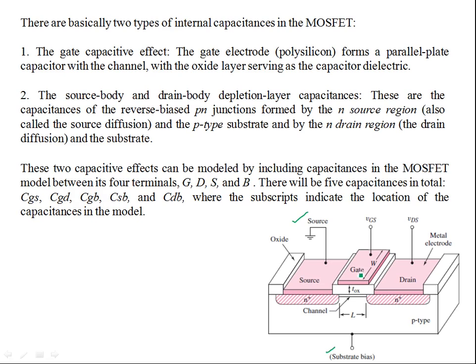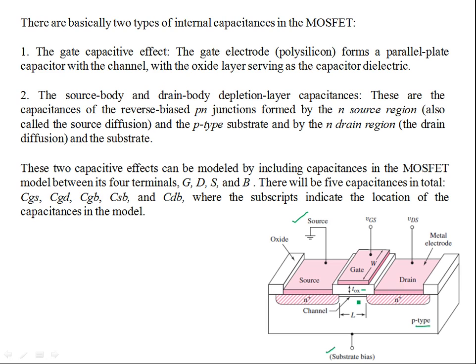One capacitance that we have already considered is between the gate, which is either polysilicon material or a metal, and the semiconductor, P-type for an NMOS device, separated by the oxide of thickness tox.